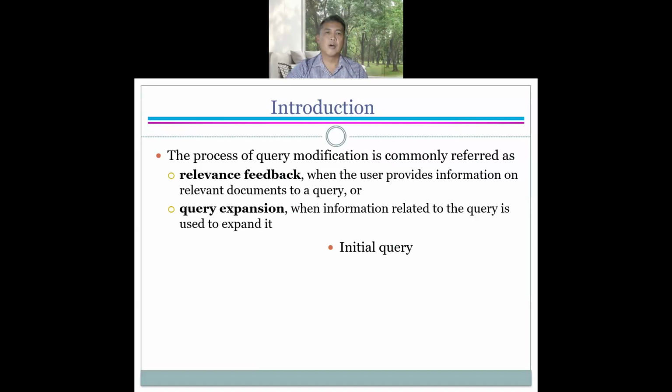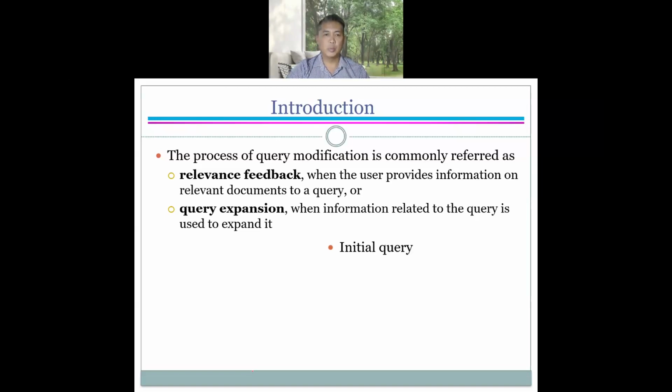The process of query modification is commonly referred to as relevance feedback because you are providing information to the system about relevant documents. When you change the query, it means that you are expanding the query.